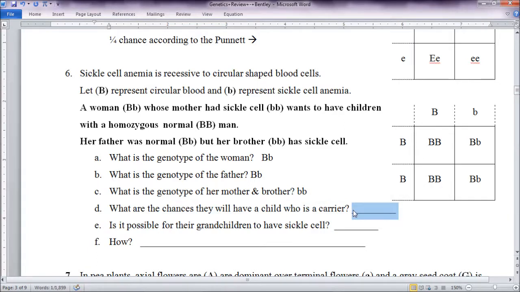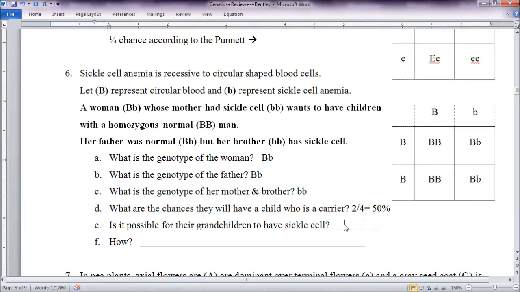What is the chance that they will have a child who is a carrier? So the woman and the man, I think they were trying to say. And that is a 50% chance, based off of our chart, which is 2 out of 4. So is it possible for their grandchildren to have sickle cell? I'm assuming they're talking about these people right here.